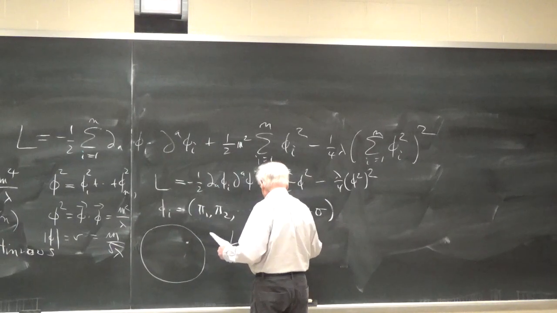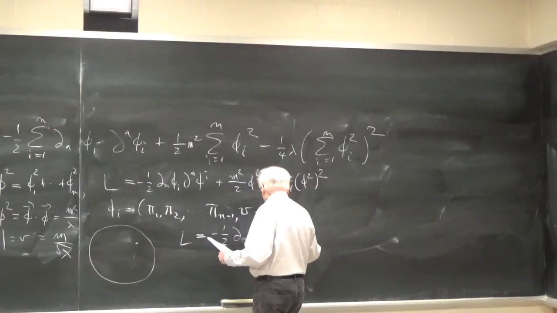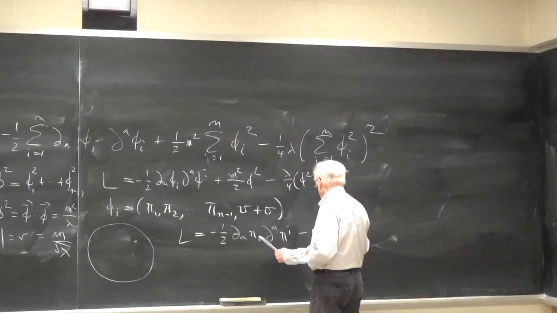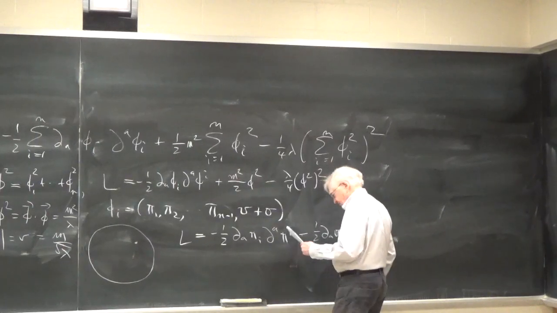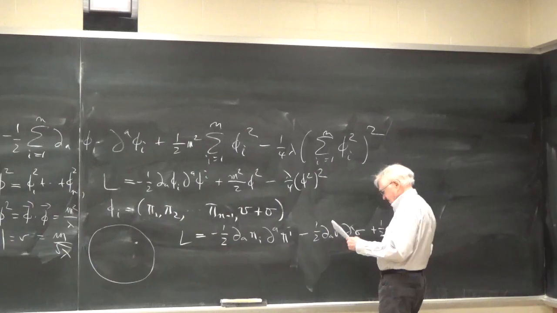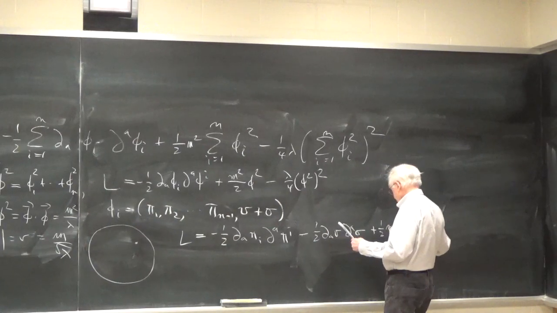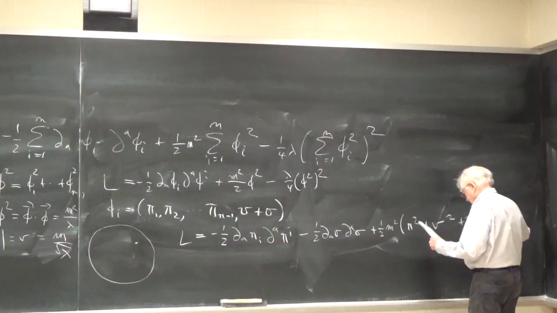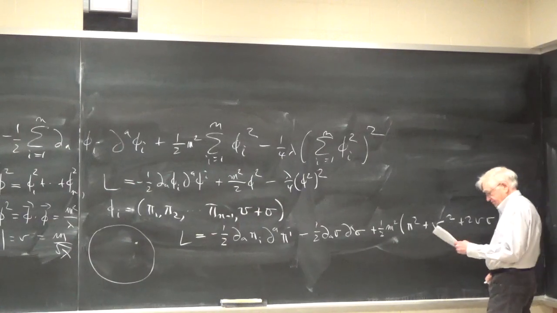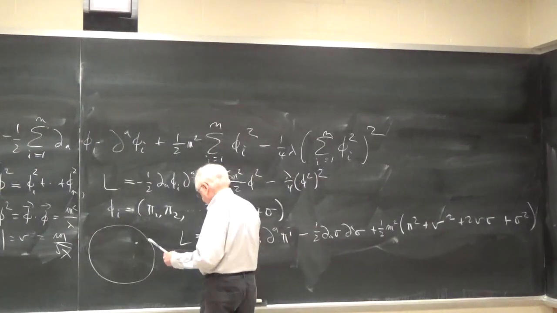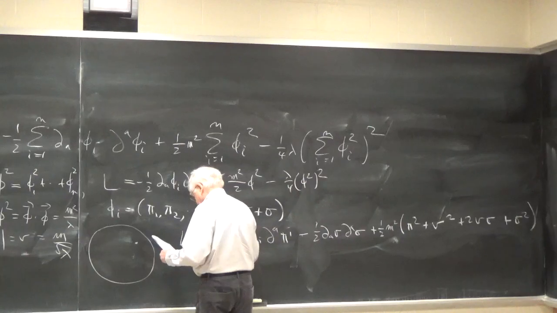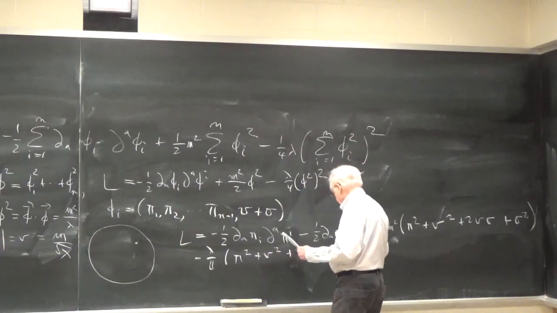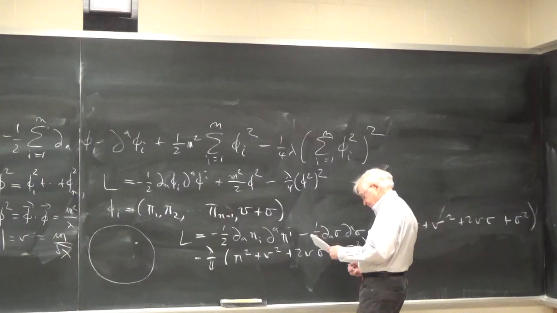Minus a half dA pi i, so this is a sum over n minus 1 fields, minus a half dA sigma, plus a half m squared times pi squared plus v squared plus 2v sigma plus sigma squared, minus lambda over 4 pi squared plus v squared plus 2v sigma plus sigma squared, squared.